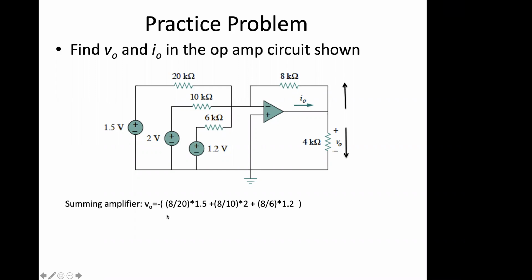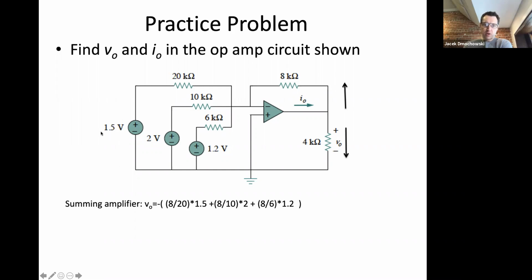This is just a summing amplifier. 8 over 20 is the weight applied to the 1.5 volts. 8 over 10 is the weight applied to the 2 volt input. And 8 over 6 is the weight applied to the 1.2 volt input. And all of that gets inverted. If you carry out the calculation, the output V naught here is equal to -3.8 volts.